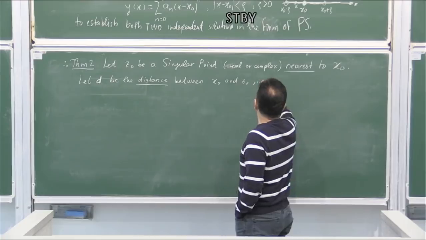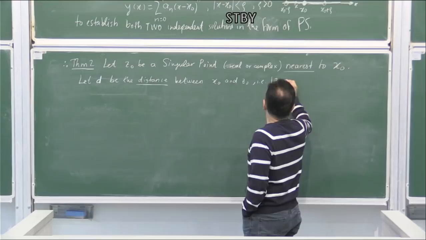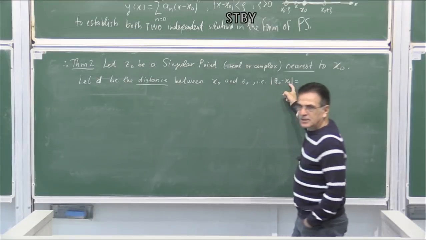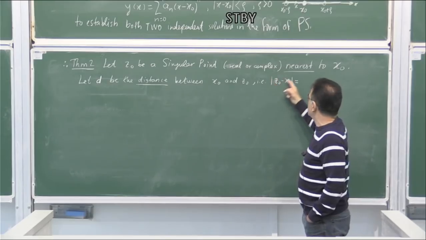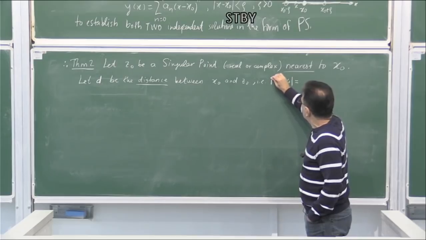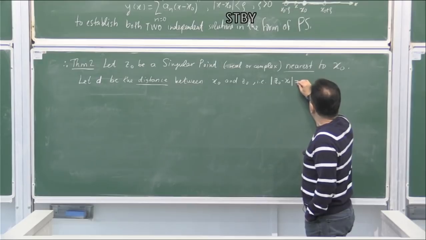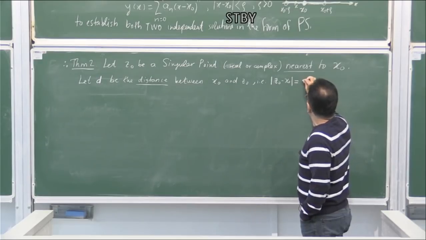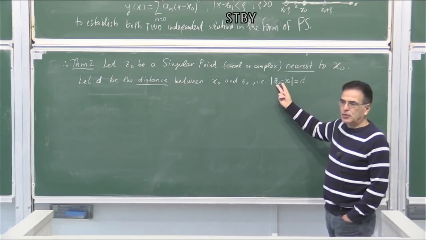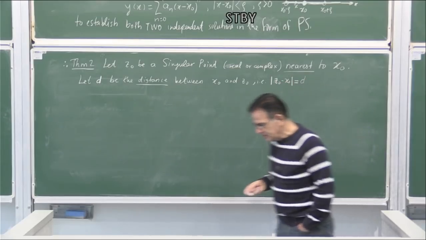That is the modulus of z0 minus x0, considering, in general, two complex numbers.